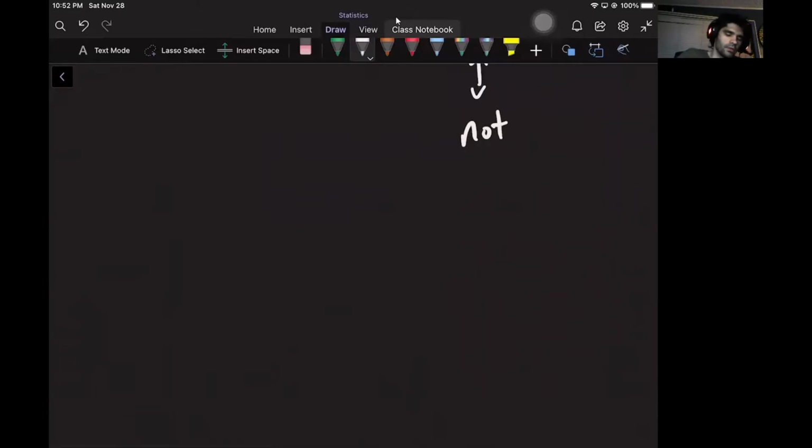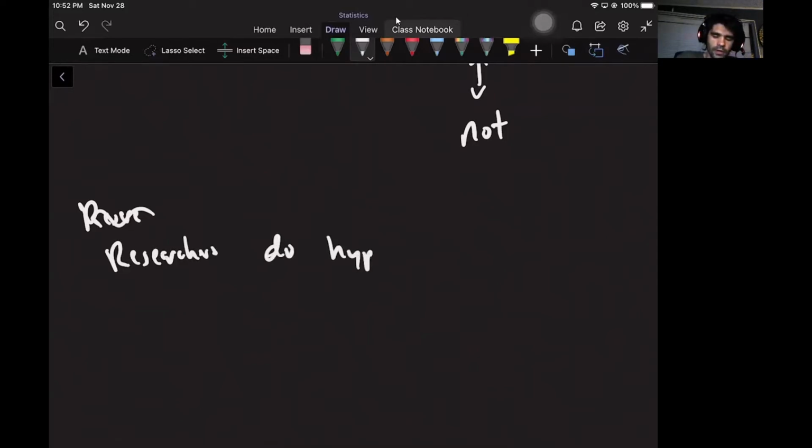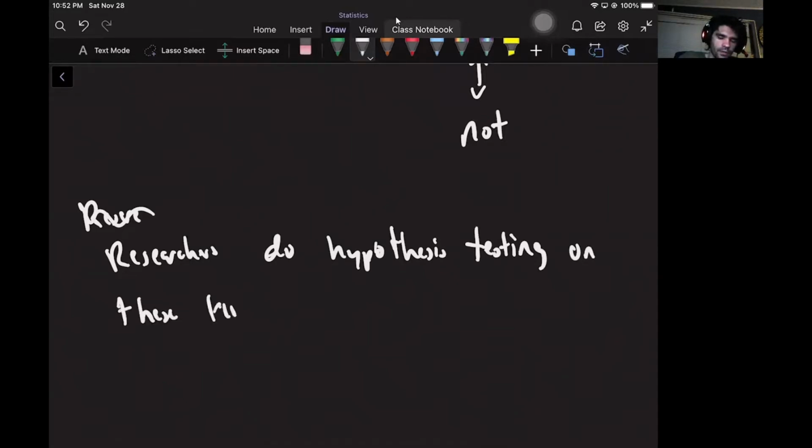And then what researchers do, how do you spell research? Researchers. So what you do is you do hypothesis testing. And so the idea is that you do these on these kinds of hypotheses. And that's what we're going to learn about.